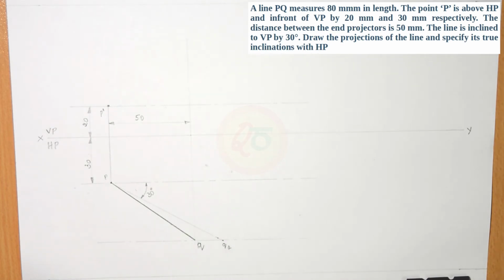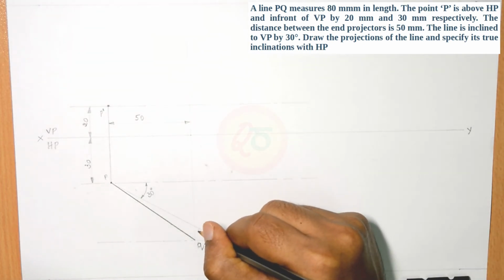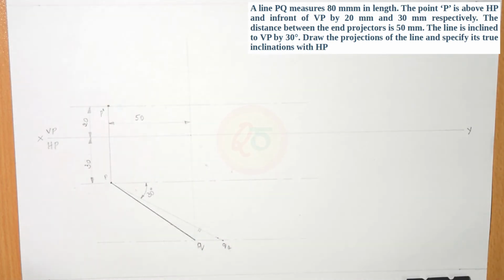Now, once the top view is determined, we need to obtain the front view of the line. This is an 80 mm line. I'll mark it with two cross lines to say that it is the true length of the projection.